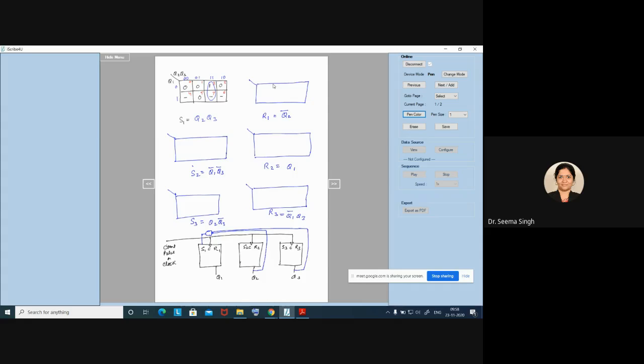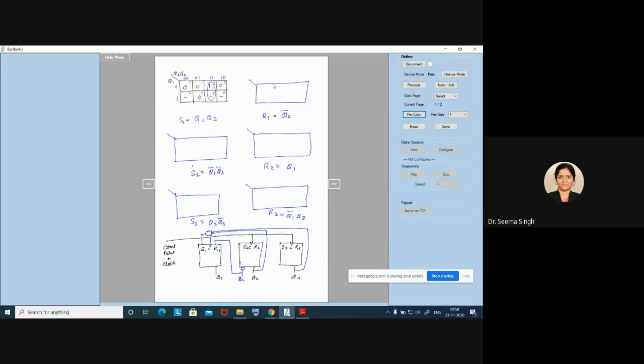This is my Q1, Q2, Q3 output, and I am connecting. R1 is what? Q2 bar. Along with Q2 you have your Q2 bar also. So we simply connect Q2 bar to this R1. Connection over, because I already had Q2 bar with me.